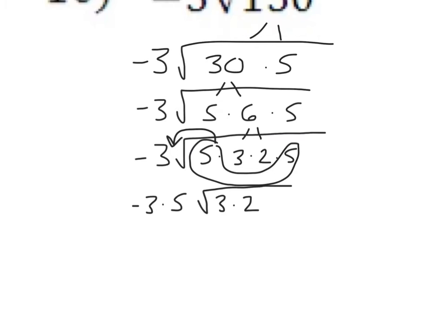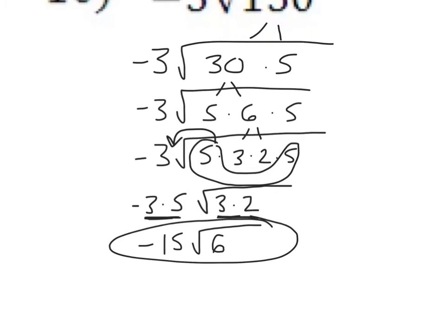So what's negative 3 times 5? Negative 15. Yeah. So what's 3 times 2? So inside the square root, we're going to get square root 6. So we have to multiply the numbers on the outside and keep them on the outside, and then multiply the numbers on the inside and keep them on the inside. So this right here is the simplest form. We can't break down square root 6 into anything else.